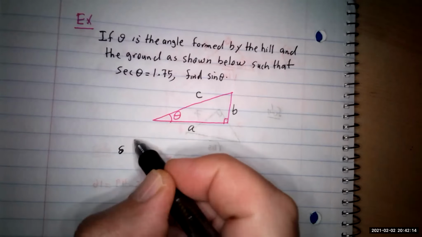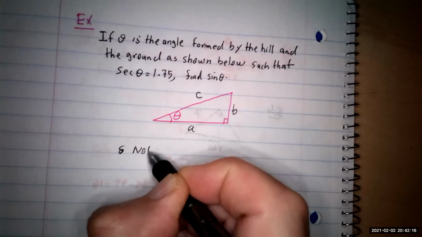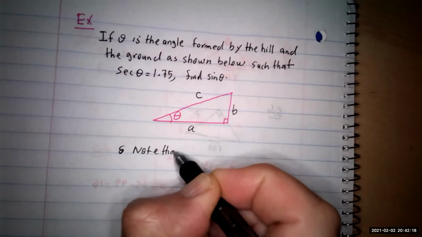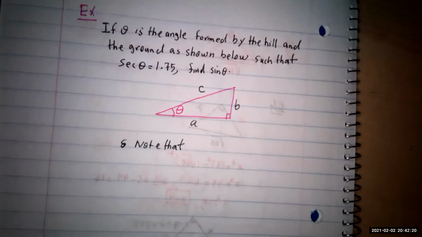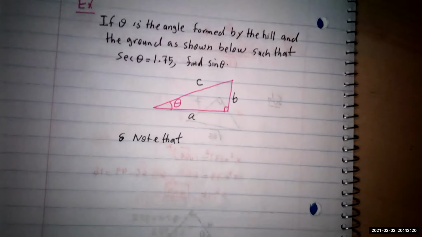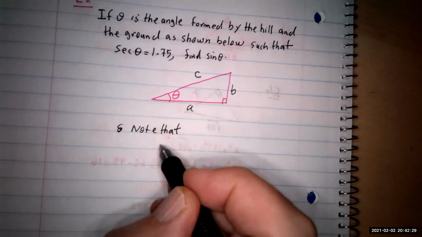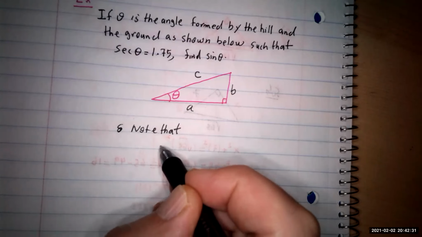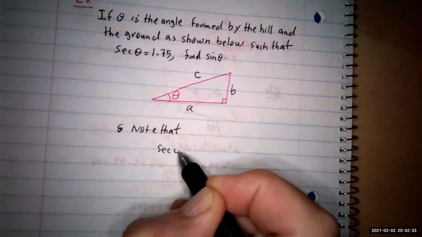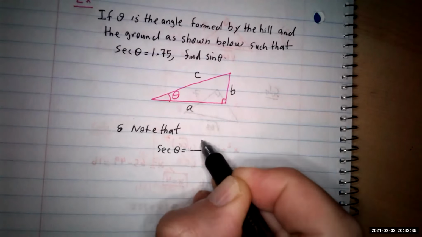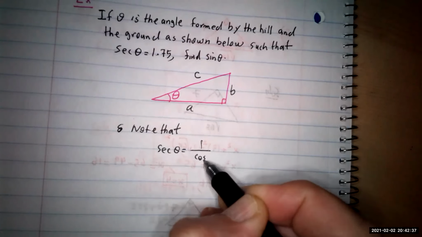We can go with the secant as is, or just make it into something familiar. So the secant is 1 over cosine. Secant of theta is equal to 1 over cosine of theta.